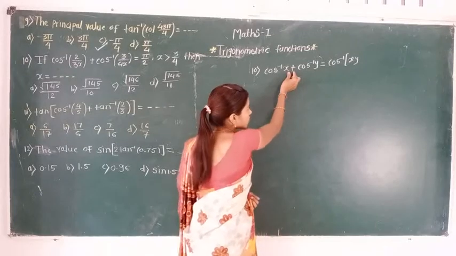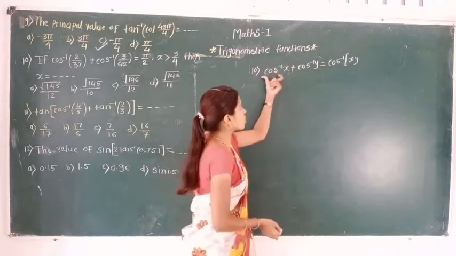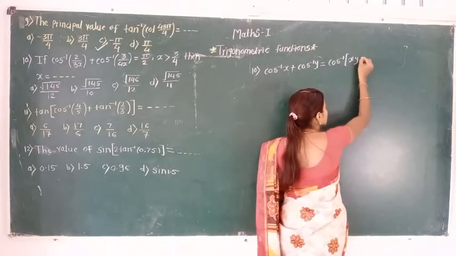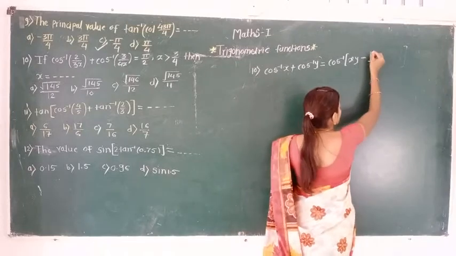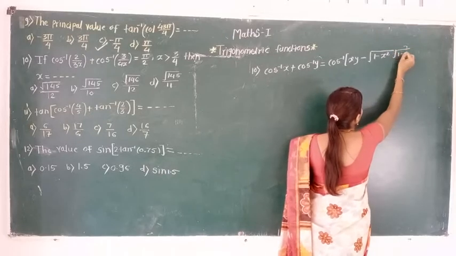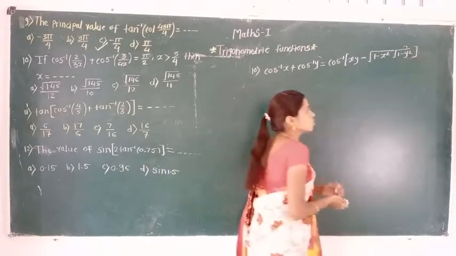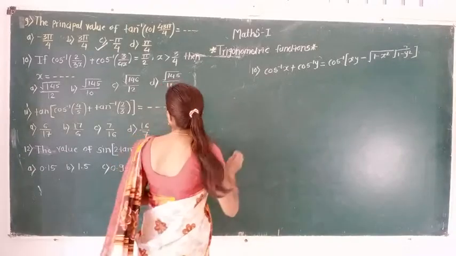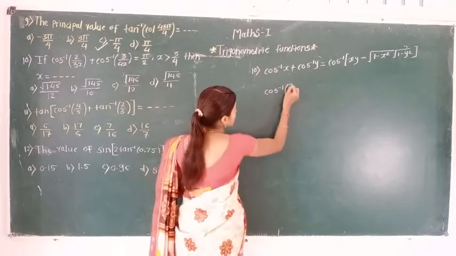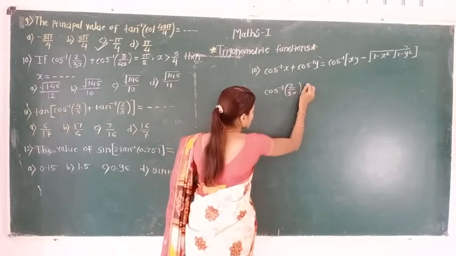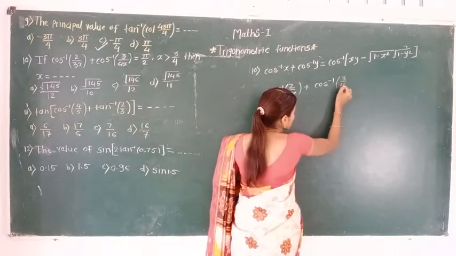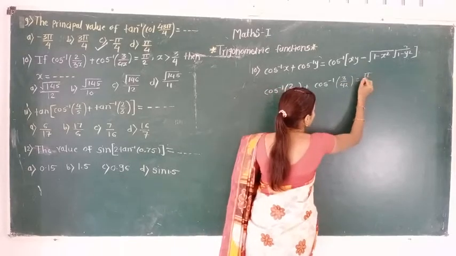Here is the plus sign, but in the formula for cos inverse plus cos inverse, here we take the minus sign, into the square root of 1 minus x square into the root of 1 minus y square. So use this formula directly. The given information is cos inverse 2 by 3x plus cos inverse 3 by 4x is equal to pi divided by 2.